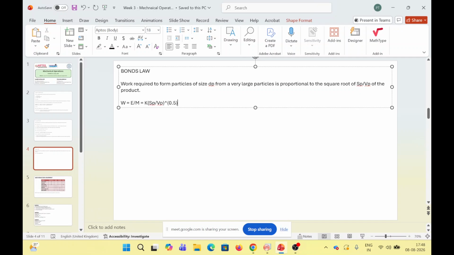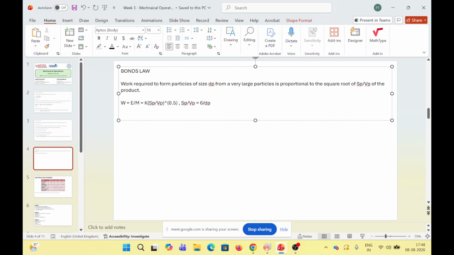That's what it means. So Sp by Vp can be written as 6 by dp. I hope you know how we write Sp by Vp equals 6 by dp.